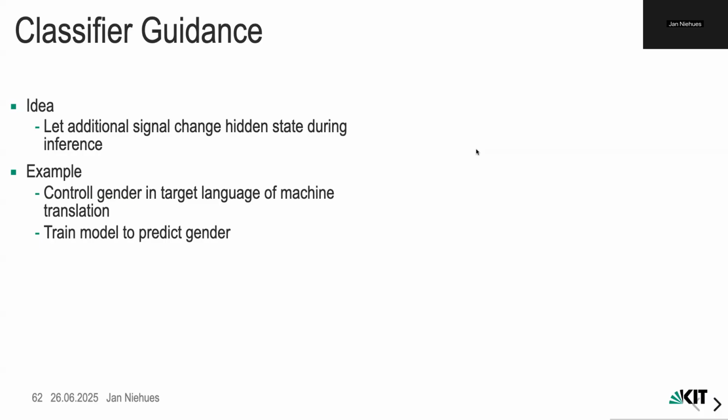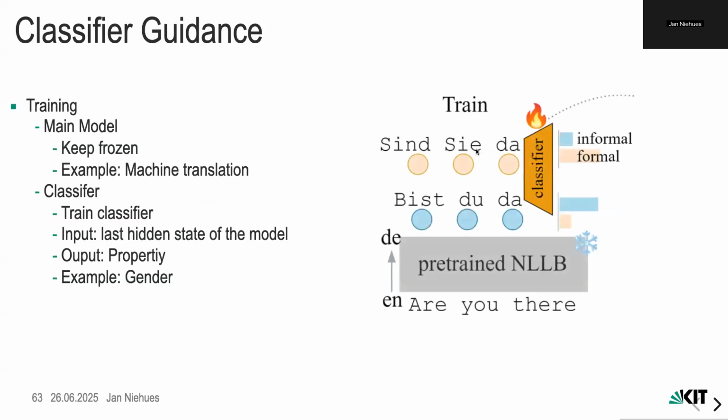So how does that work? We have two types of models. We have our main model, an English-to-German translation system, a big neural network, and of course it can generate either the formal or the informal one.